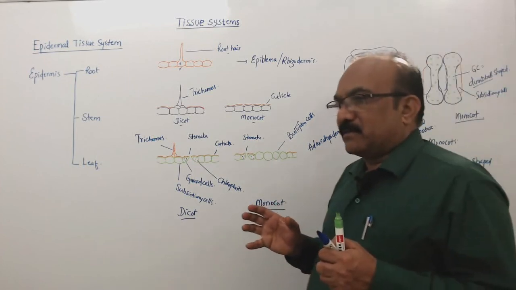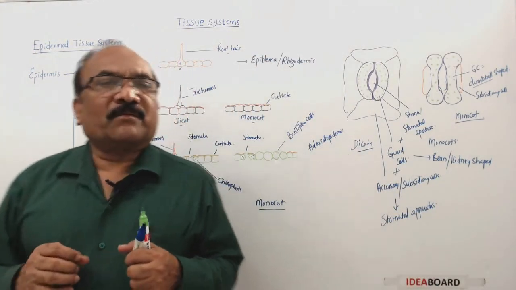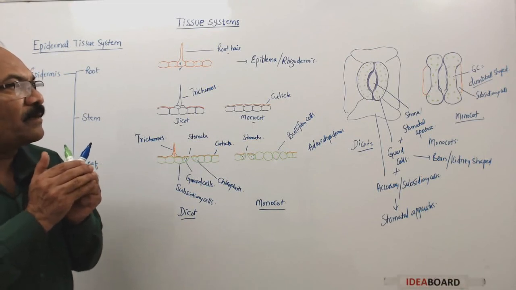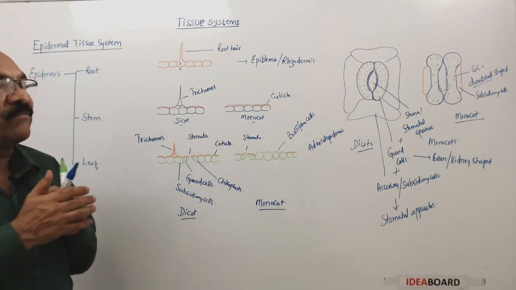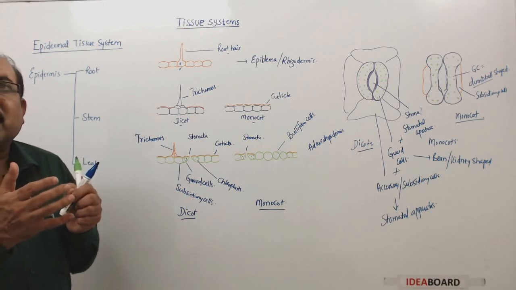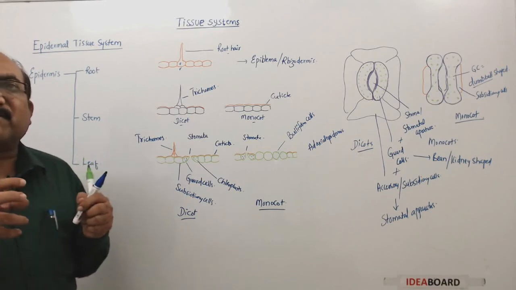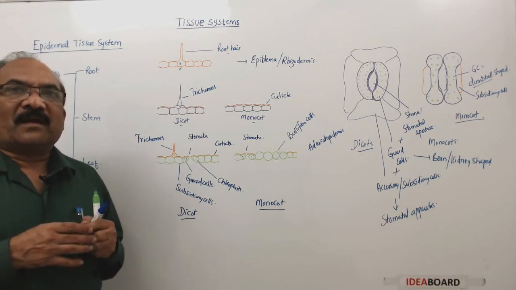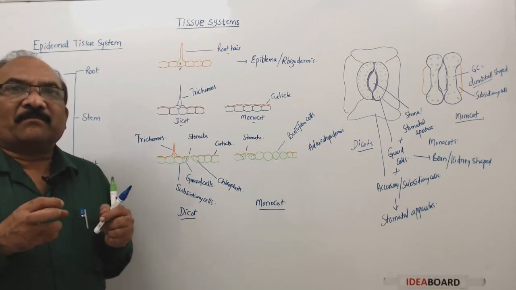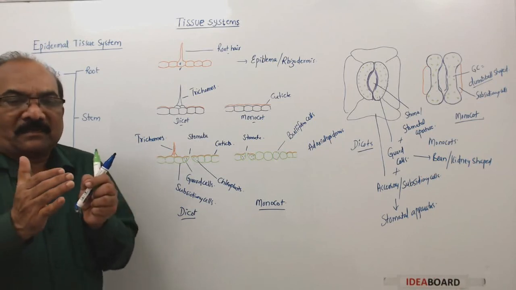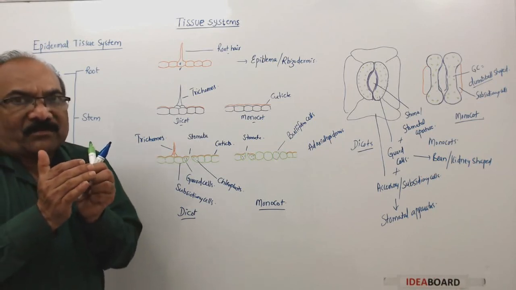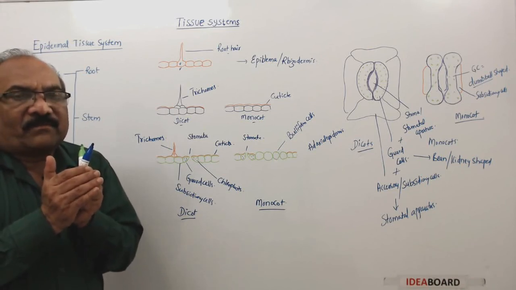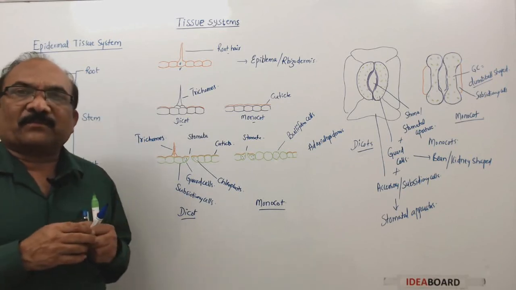Because of that, whenever the guard cells become turgid, this stomatal aperture becomes more concave, and as a result it widens, and we call that widening of the stomatal aperture opening of the stomata. And whenever the cells become flaccid, then this concave shape becomes less concave, so it becomes narrow.